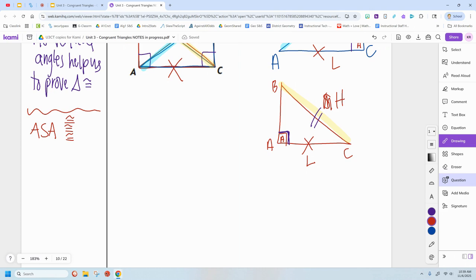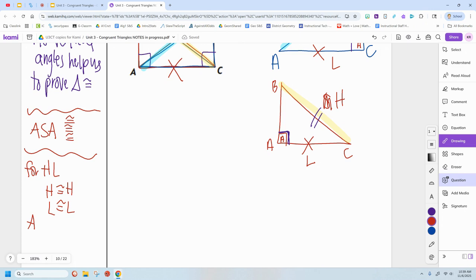So the problem is, for HL, you need 3 things, but it's a hypotenuse is congruent to a hypotenuse, and a leg is congruent to a leg, and then it's triangle. Ooh, that's not a triangle symbol.